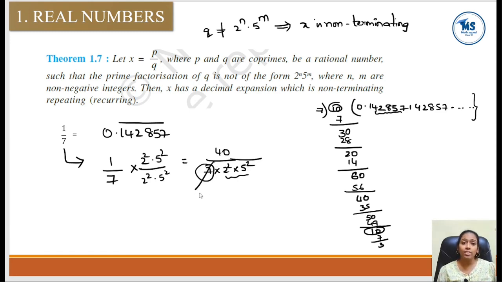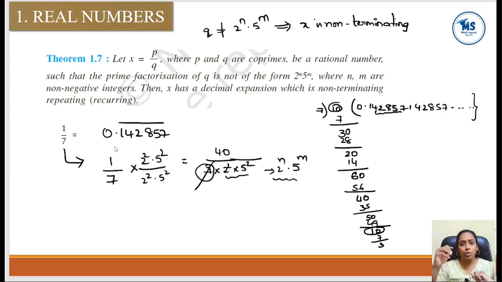Since I have an extra number, I cannot write my q in the form of 2 power n into 5 power m. So since I cannot write the denominator in the form of 2 power n into 5 power m, the number 1 by 7 is non-terminating and repeating.